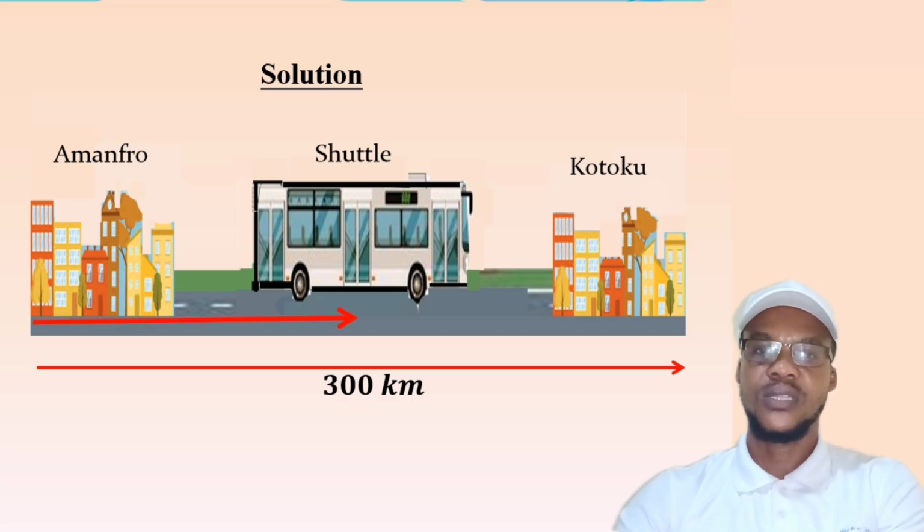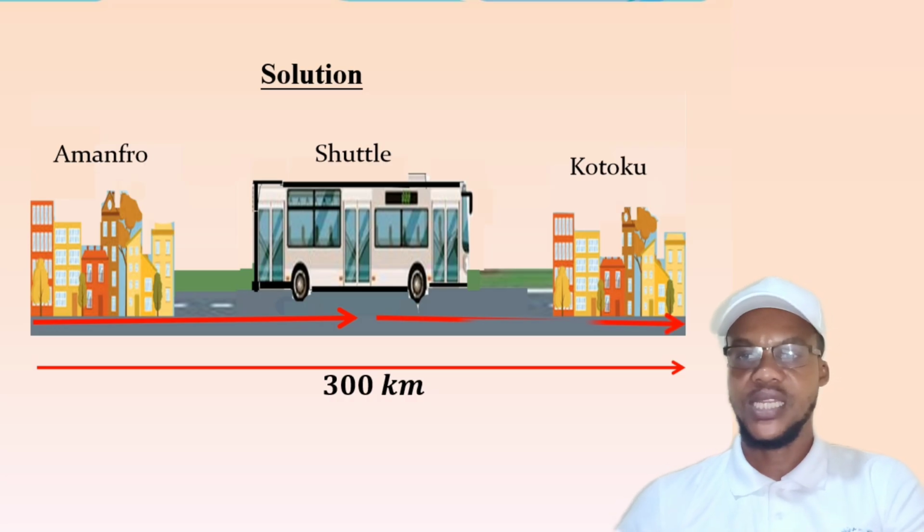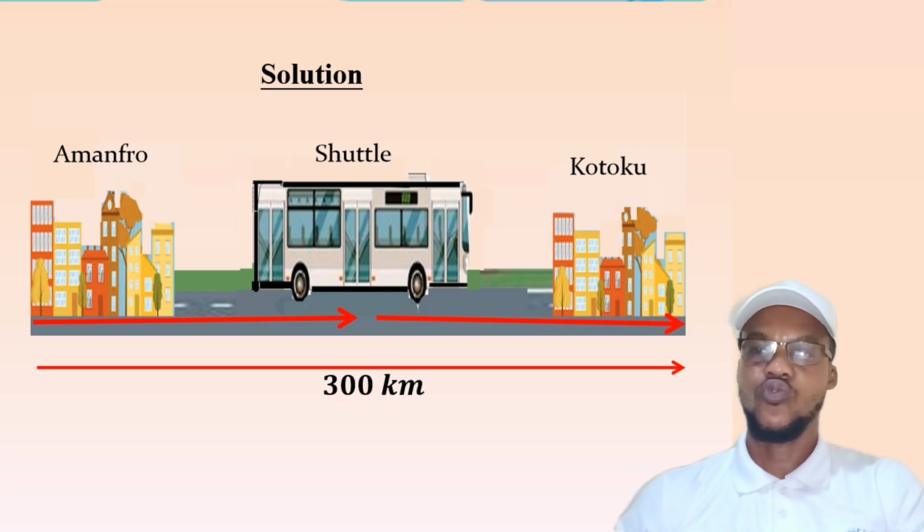When it moves from Amanfro, it gets to a point where it has traveled halfway of the 300 kilometers distance. Then when it continues, we get the second half to complete the total distance.